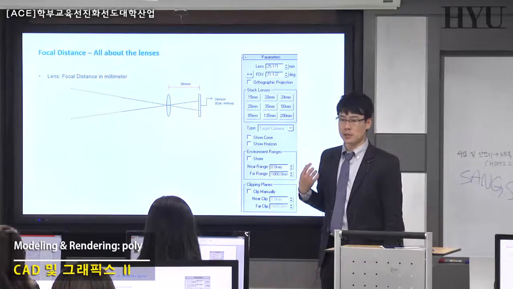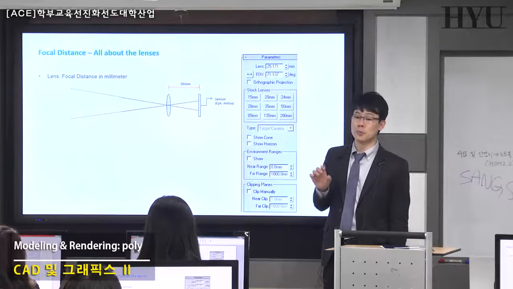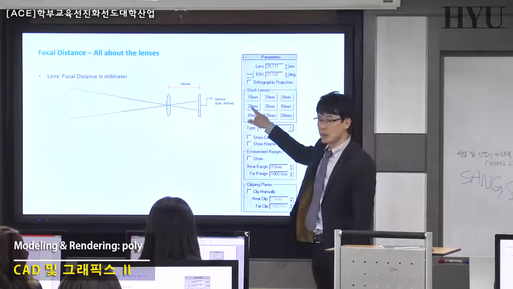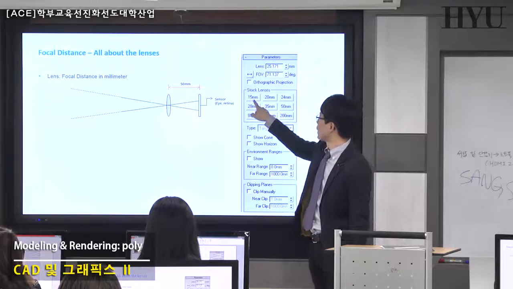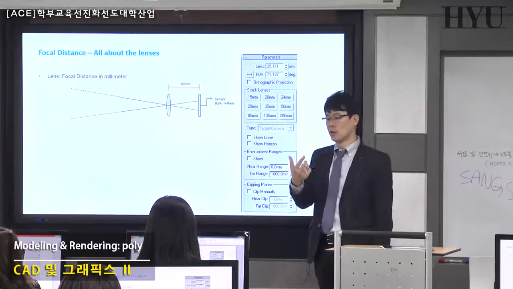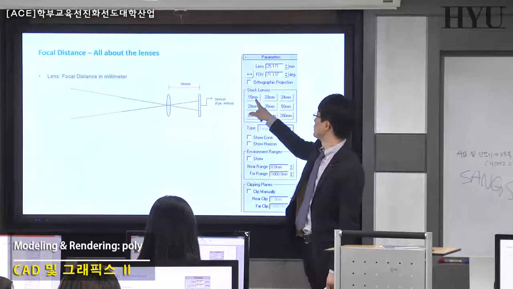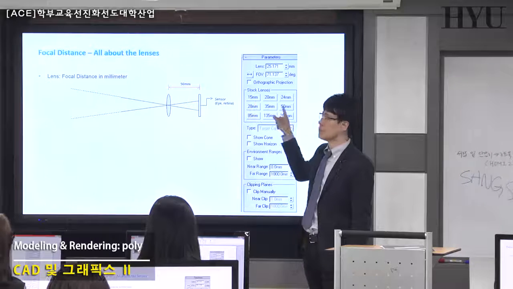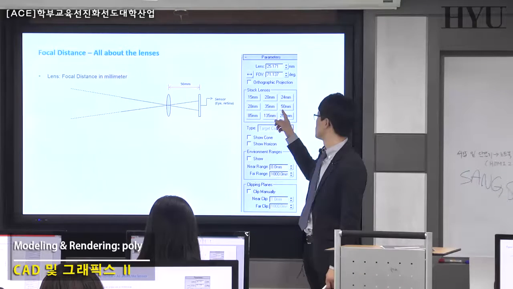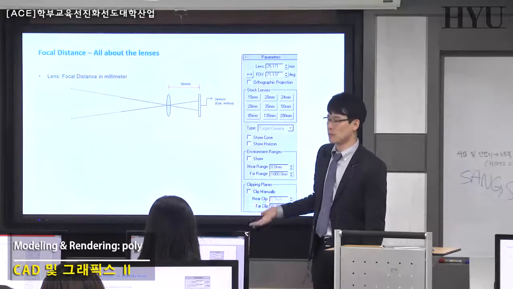If you buy a DSLR camera, the default bundle lens has 18 through 55 millimeter, which means you can dial that lens and change focal distance numbers from 18 through 55. That's the default bundle lens, okay?